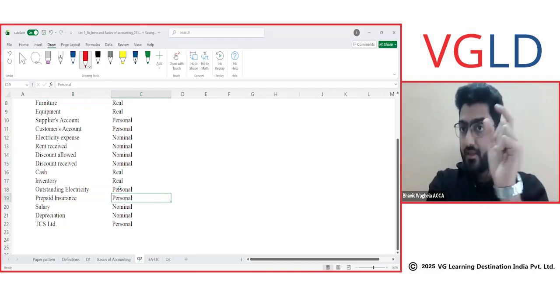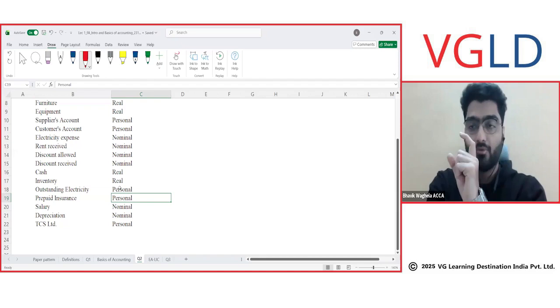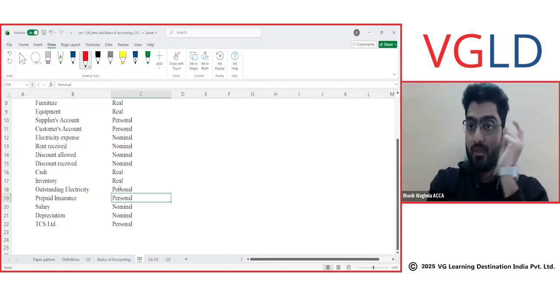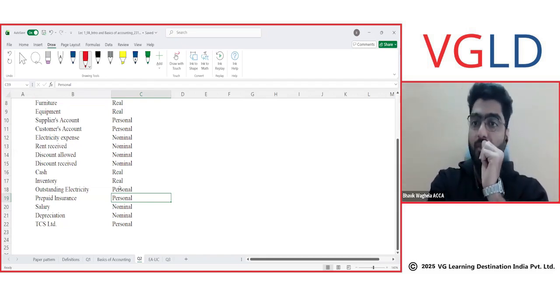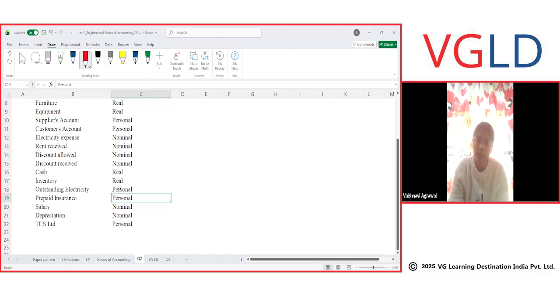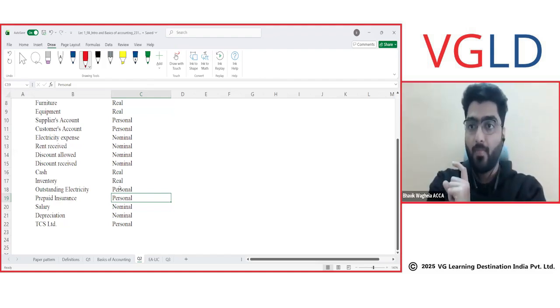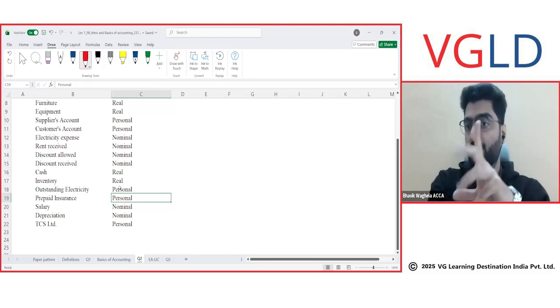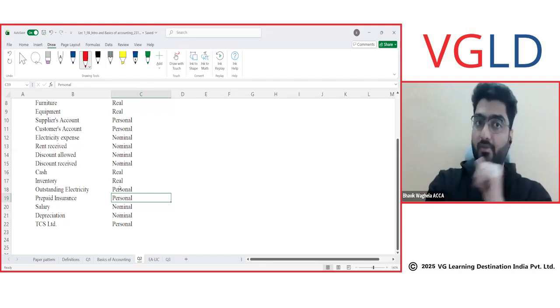It represents that I have paid an amount to LIC, but I am yet to receive the service from them. Yes or no? Yes, sir. So whenever there is any prefix like outstanding or prepaid with an item of income or expense, then it is no longer your nominal account, it is a personal account. Everyone got this?